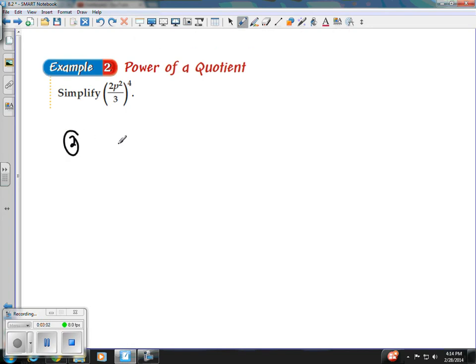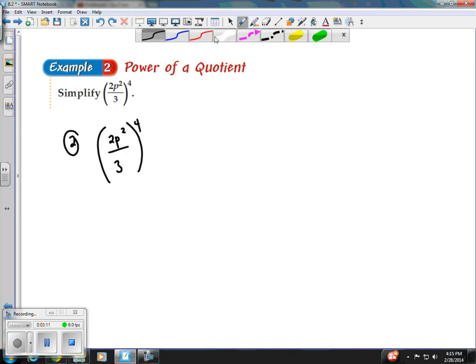So example 2. We have 2p squared all over 3 to the 4th power. So this one has multiple steps in that we need to worry about our exponent and our division. So this is where the order of operations kicks in. We have to use our exponent before we can divide.